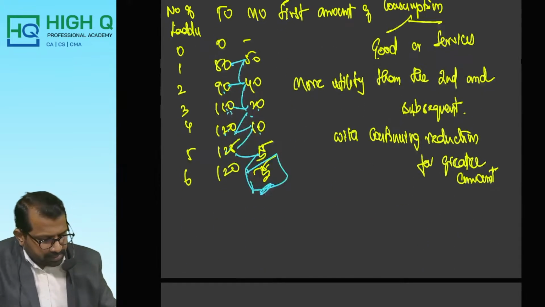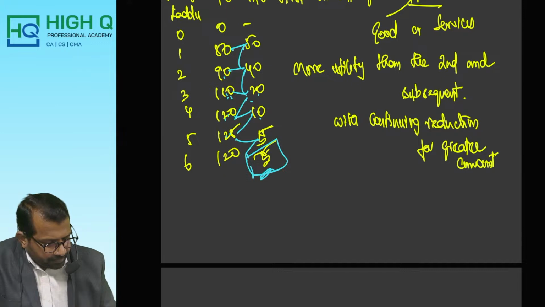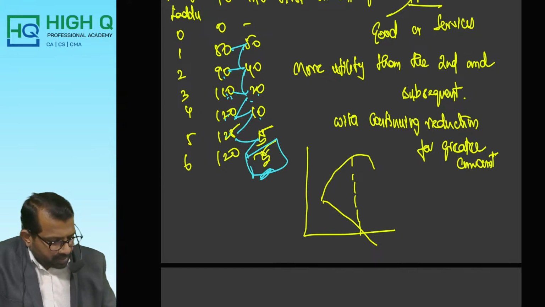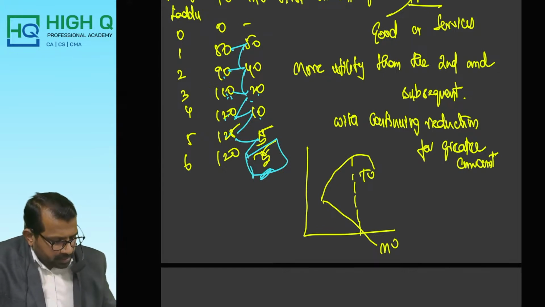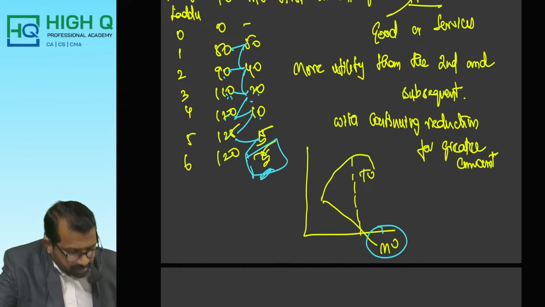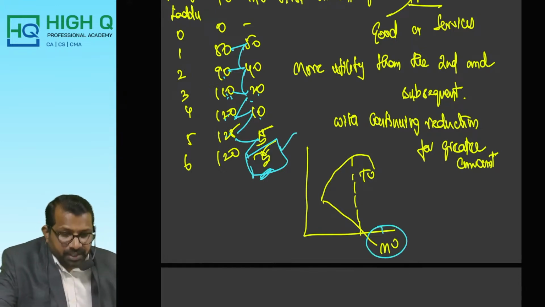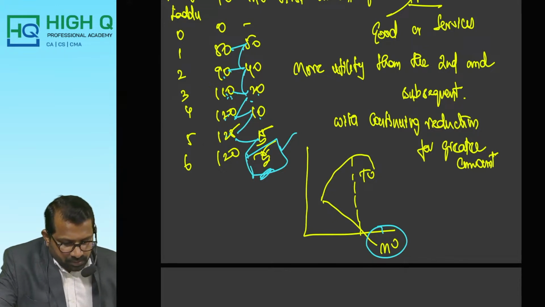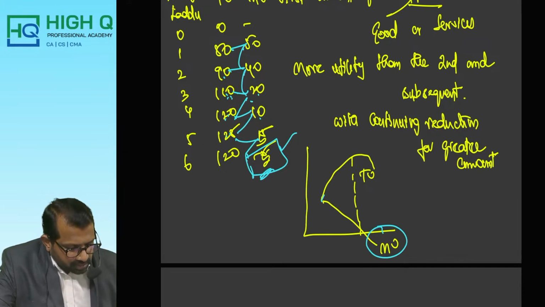So for this, the diagram will always be like this: total utility, marginal utility. Now just see here, marginal utility becomes negative, since -5 it started to become negative. Total utility started to increase, both are the same.